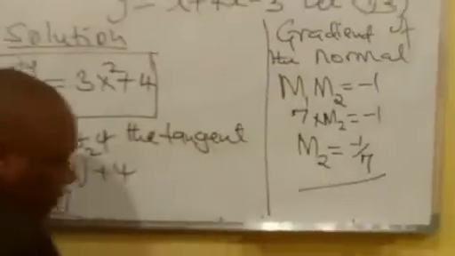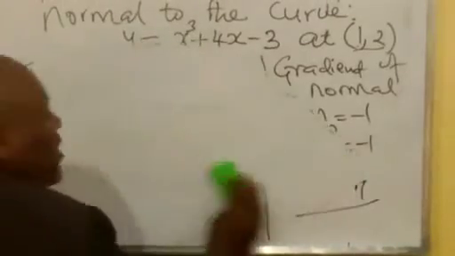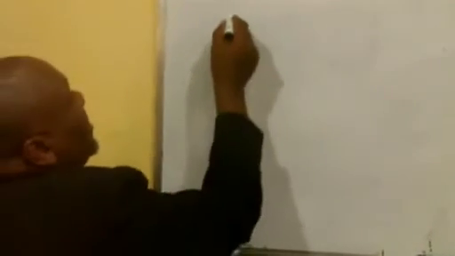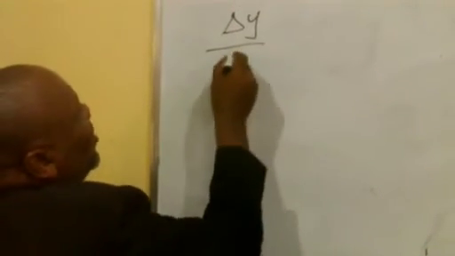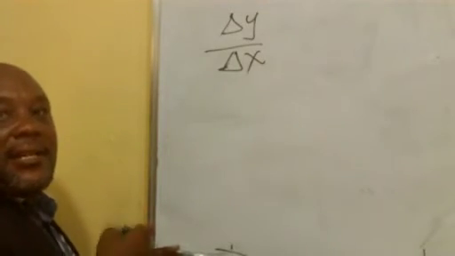Then we proceed to get the equation of the normal. Change in y over change in x will give us the gradient of an equation.